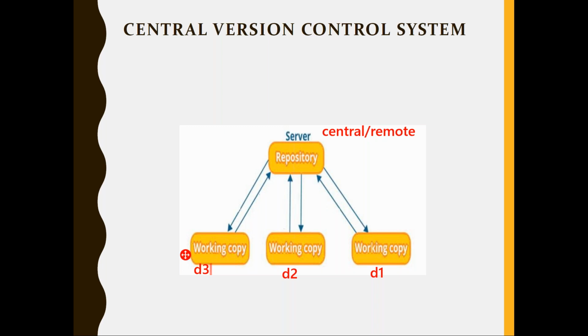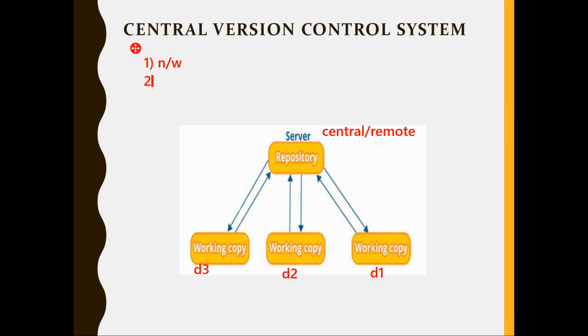And there are some drawbacks or limitations of this kind of architecture. The first limitation is you always need network connectivity, because you need to connect to the central server or remote server where all the code base is, right? So that's one thing, you always need a network connection.